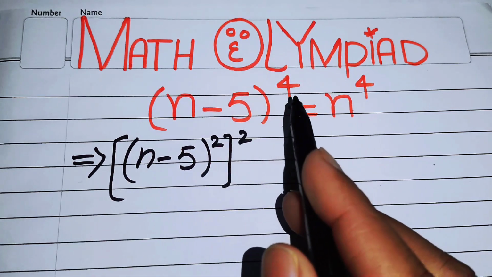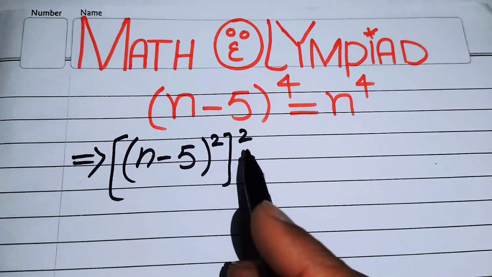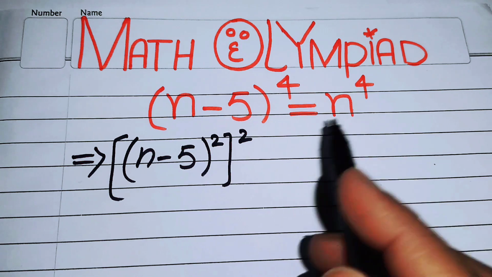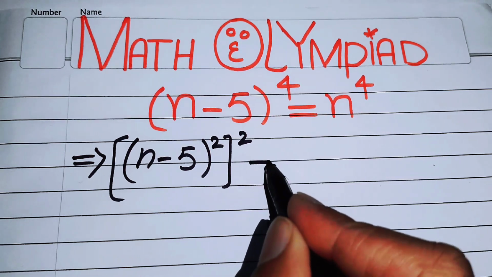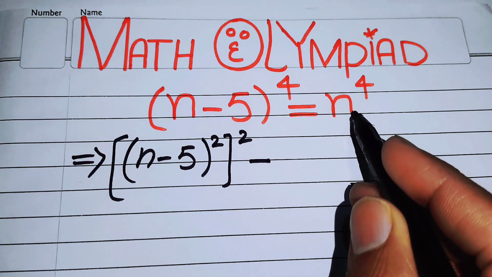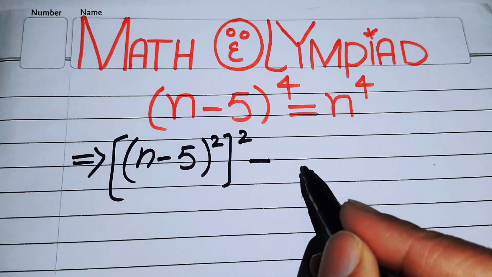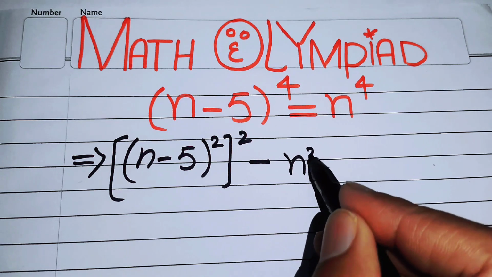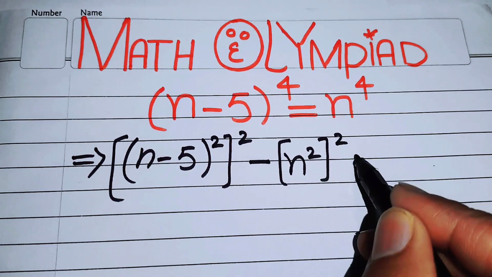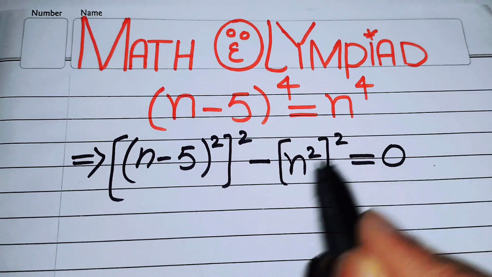So here we break its power 4 and we write it in this way, and similarly we move this n to the power of 4 to the left hand side. It becomes minus n to the power of 4, and we again write this n to the power of 4 as (n squared) squared, and it equals 0.